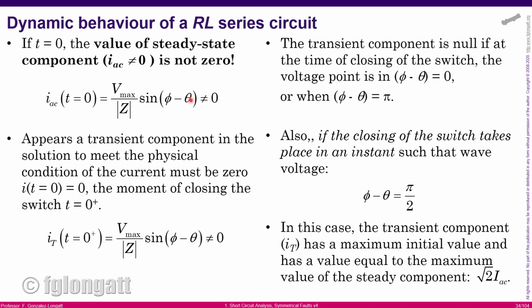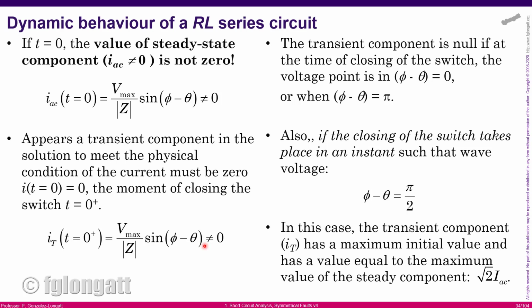As a consequence, we say there is a DC component that must appear in order to keep the balance, because when you are closing the circuit breaker, you have continuity.